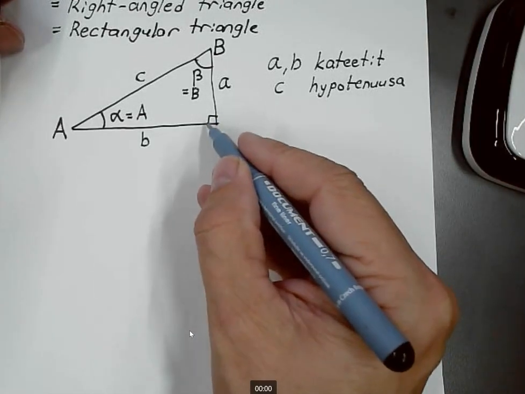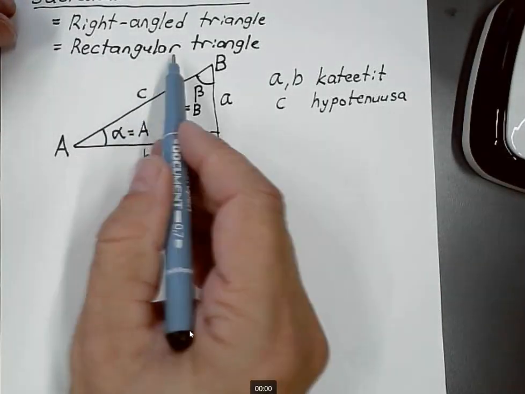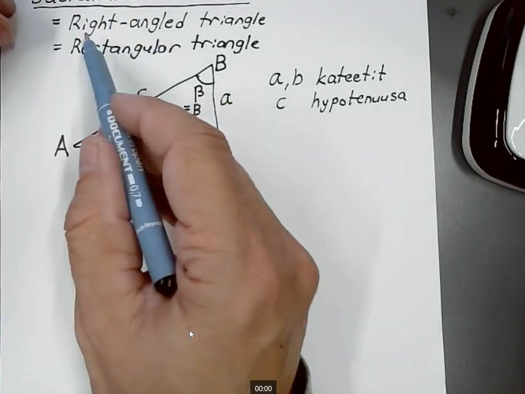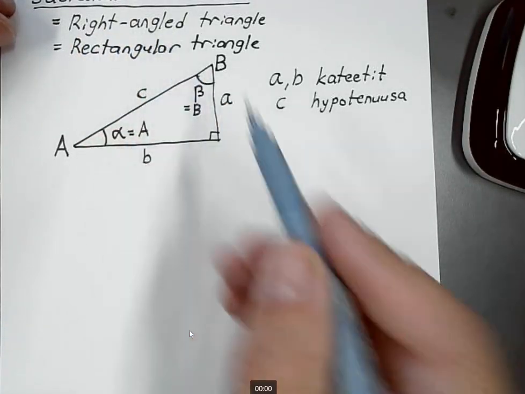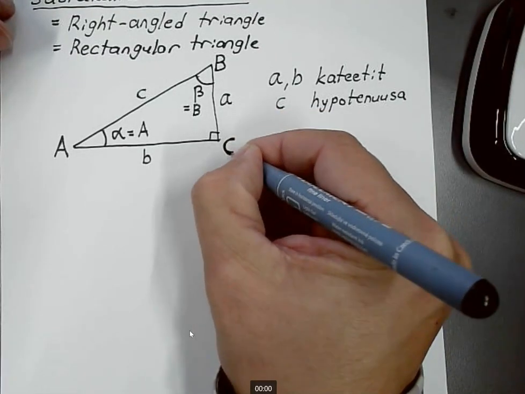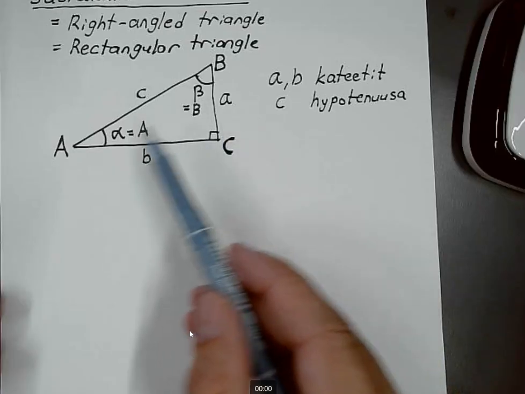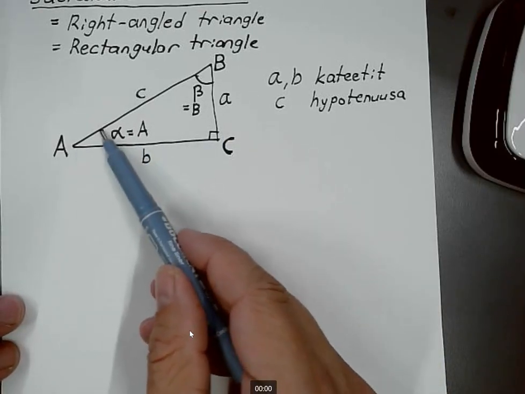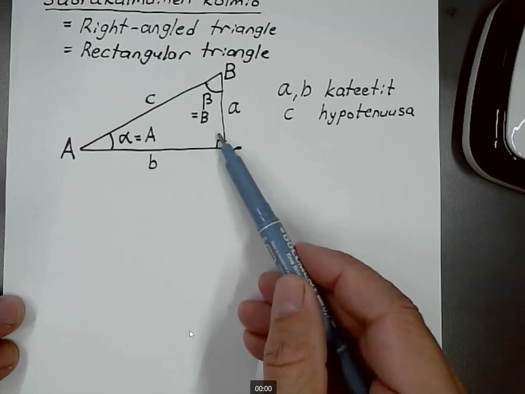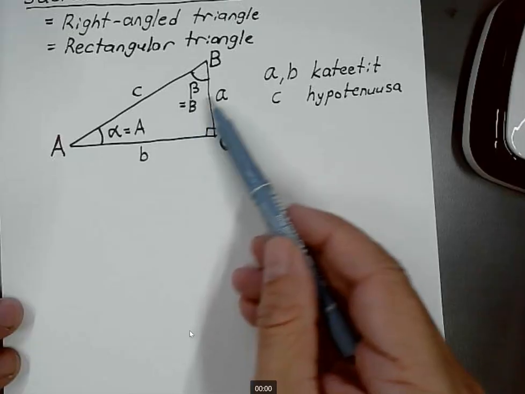Then there is this last corner in this rectangular triangle or right angle triangle. I'm somehow more used to this rectangular, and I know that many of you prefer this right angled word, but it's the same. So this is the C, big C or large C here. Important thing is that always this big A here, or this angle A here, or alpha here, is opposite of the side A or leg A here, in the other side of the triangle, opposite side.